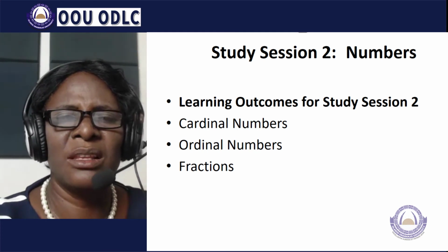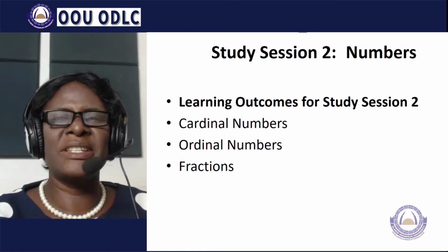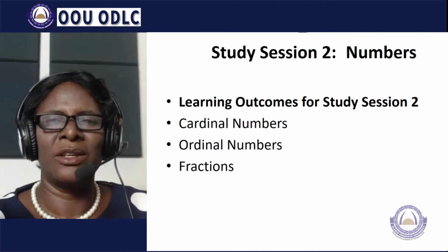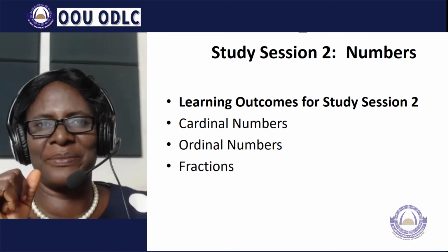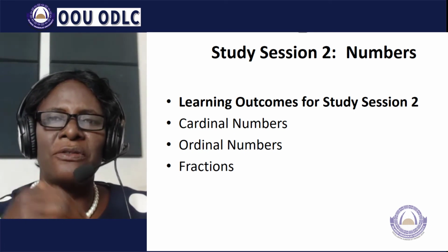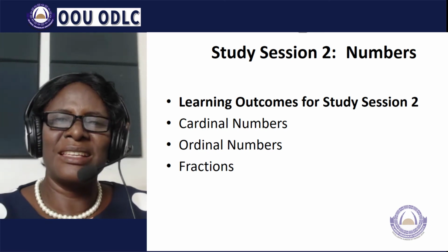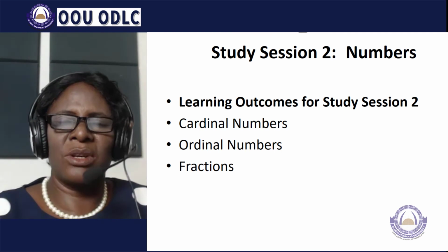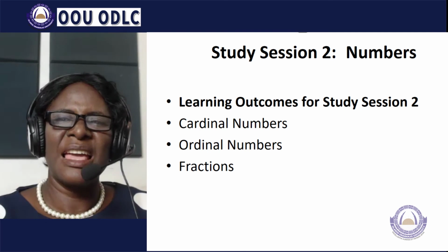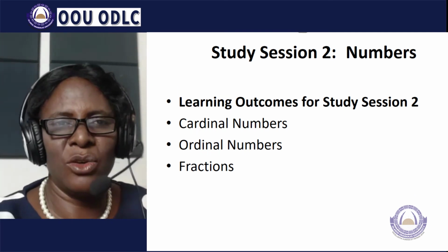11th, "onzième". Now, what do we observe here? To form the ordinal numbers, all we need to do is to add the suffix "ième" to the cardinal number. Let me take it again. You remember your cardinal numbers 1, 2, 3, 4, 5, 6, and so on. Now, the ordinal is first, second, third, fourth, and so on. So, in French, you just add the suffix I-E-M-E, that is pronounced "iem", to the cardinal number.